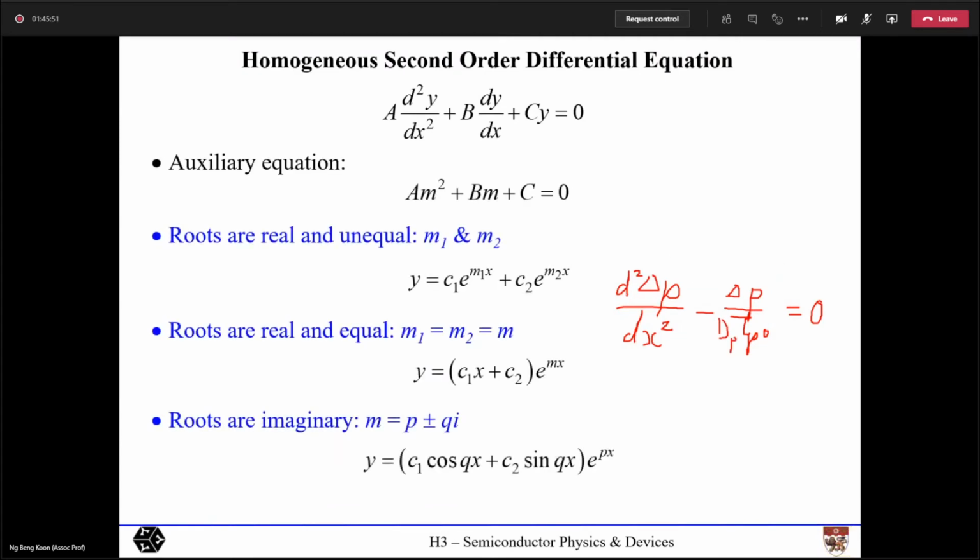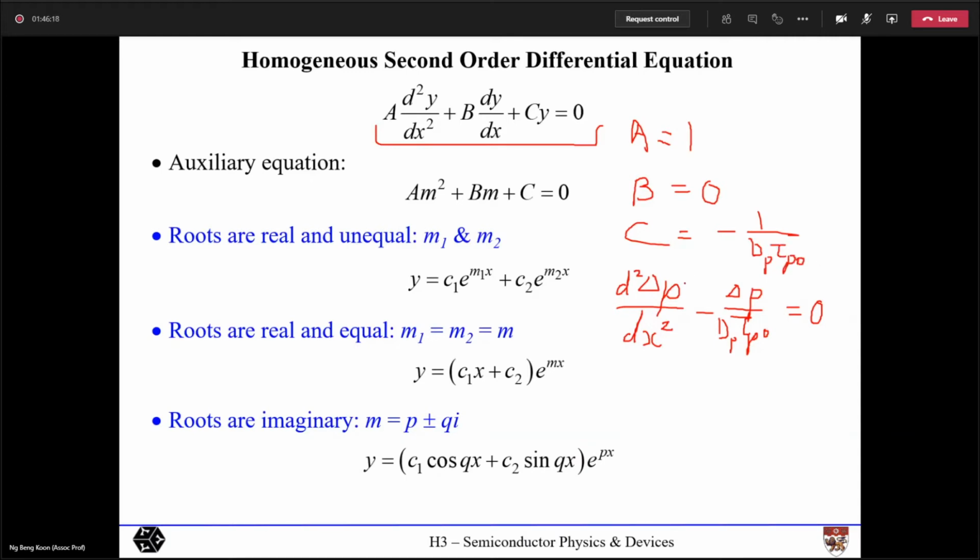With this expression, if you follow this rule, you can see that your a is equal to 1. There's no first derivative of delta p, so b is equal to 0. And your c is minus 1 over D_p tau p naught.